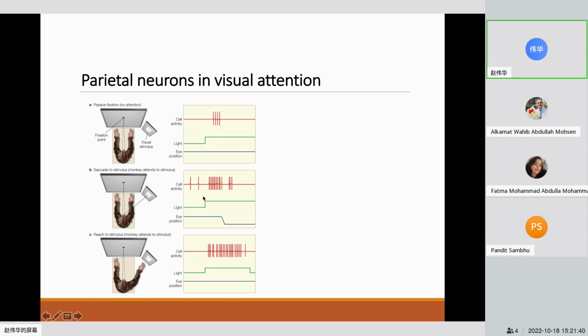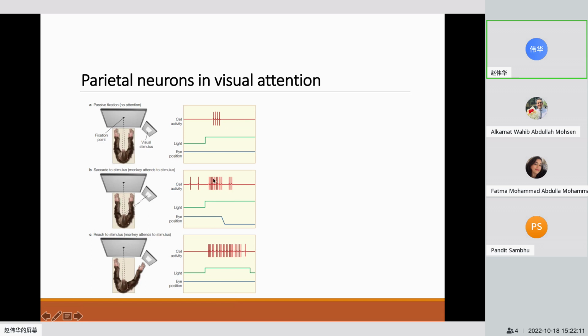And for figure C, the animal must keep its eyes fixed straight on the fixation point, the black point. At the same time, the monkey was required to reach to the target, so touch it. So with three separate conditions, we can see different results.